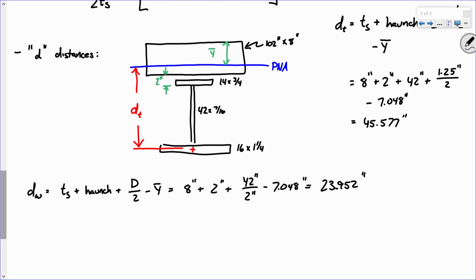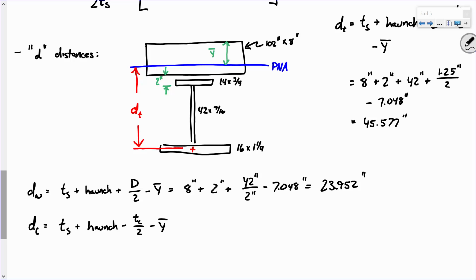Now, here's where you got to pay attention. D sub C. Okay, now watch what I'm going to do. I'm going to start at the top, and I'm going to go slab thickness. I'm going to go haunch. Then what? Minus the top flange thickness over 2 minus y bar.